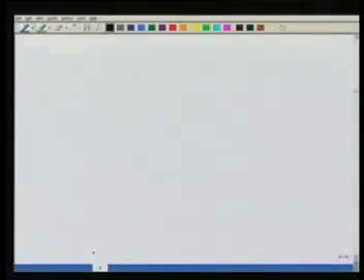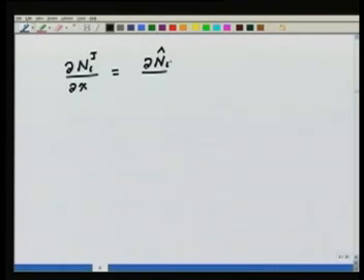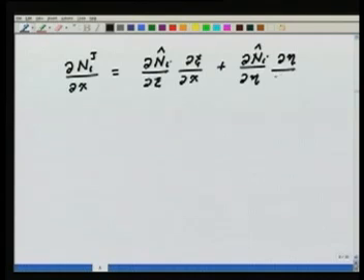And as usual, as we had done before, I need to find this del ni tau del x is equal to del ni hat del psi del psi del x plus del ni hat del eta del eta del x.